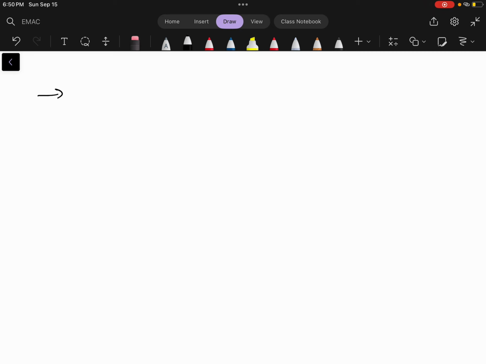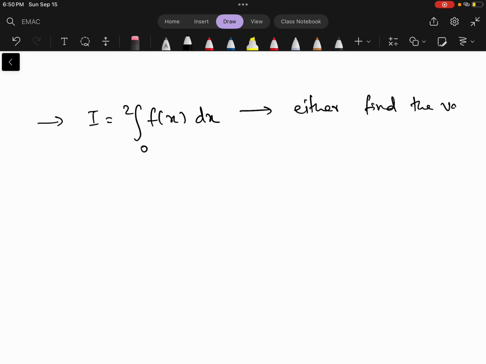We have the integral of f of x from 0 to 2, f of x dx, and we want to either find the value or show that it diverges.